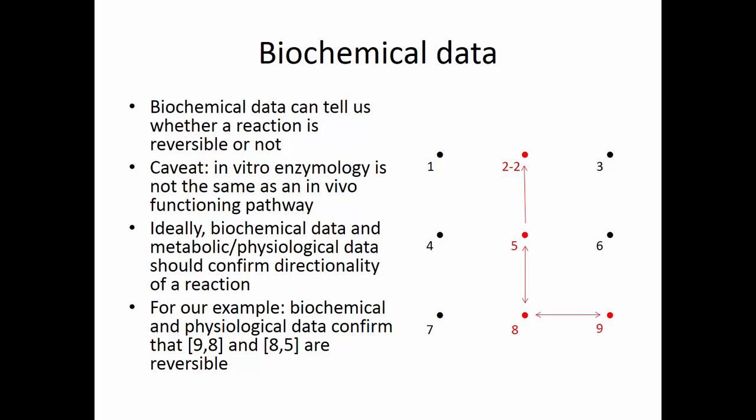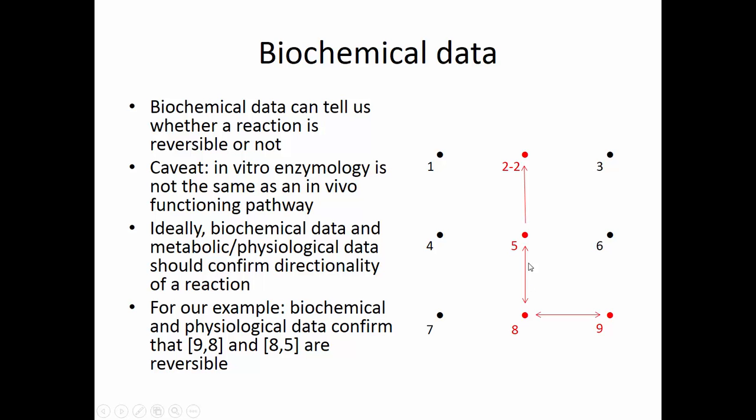So biochemical data can tell us a lot about whether a reaction is reversible or not. The only caveat is, and we've talked about this already, in vitro enzymology is not the same as an in vivo functioning pathway. So we can isolate all these enzymes and show that they're reversible, but that does not necessarily mean that they're going to act the same way in the cell.